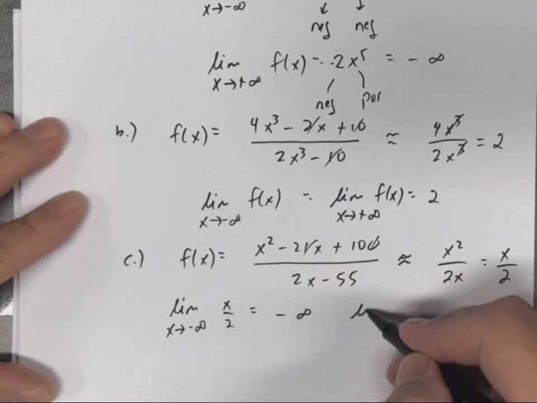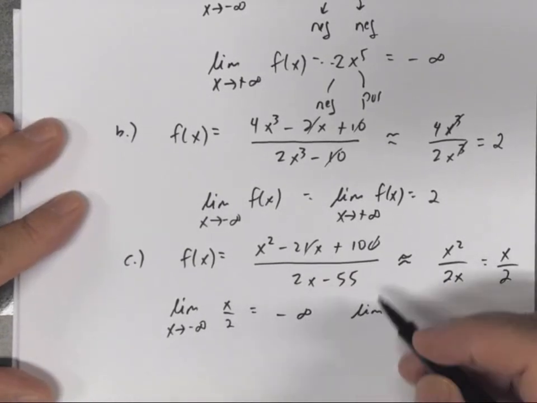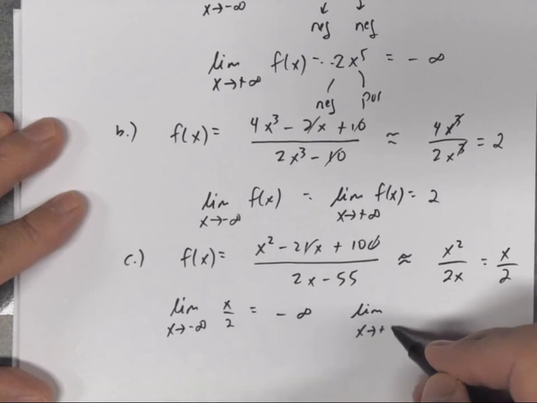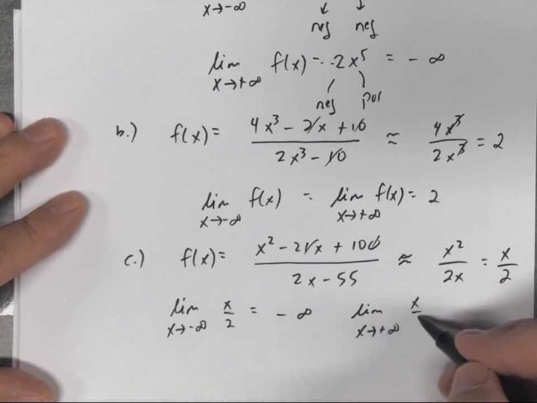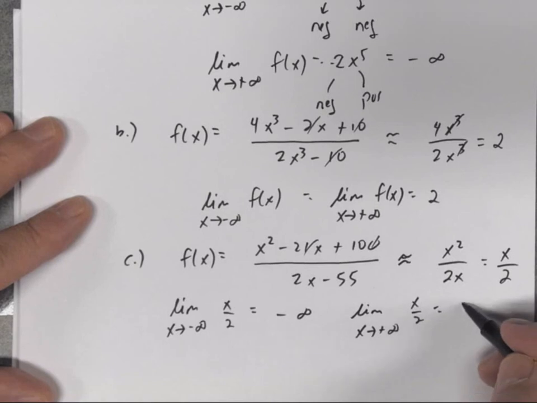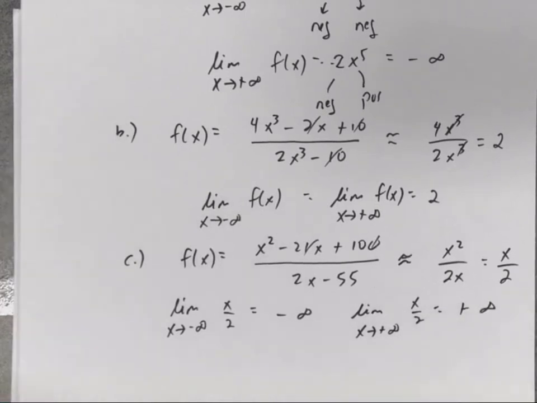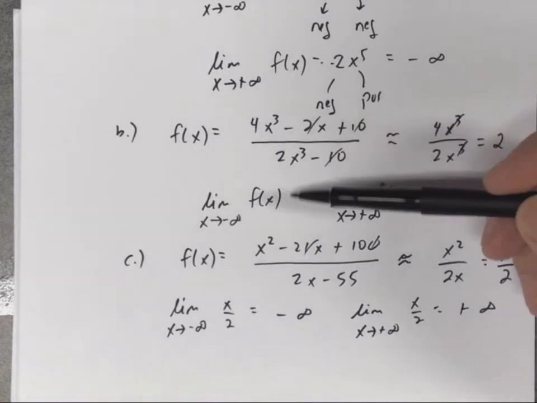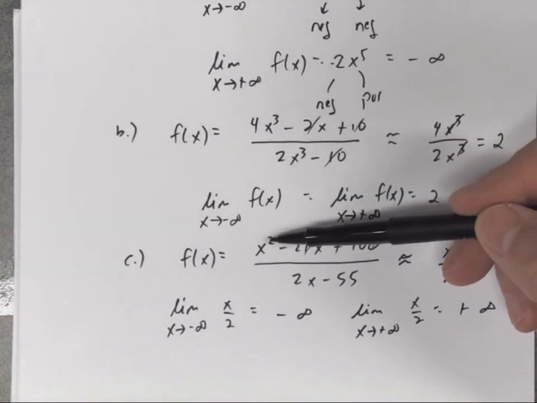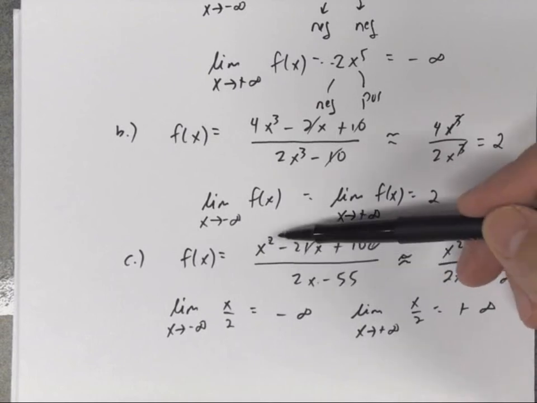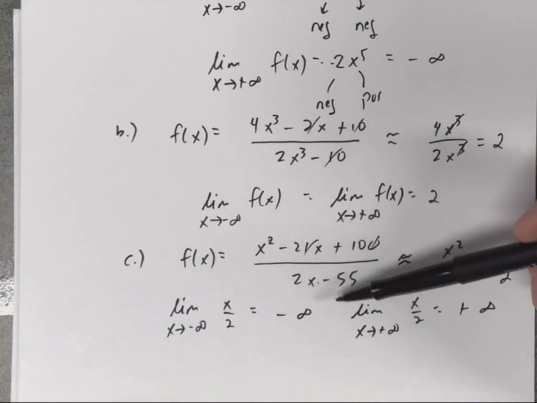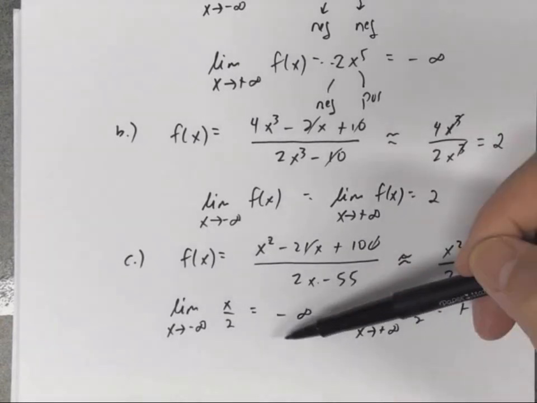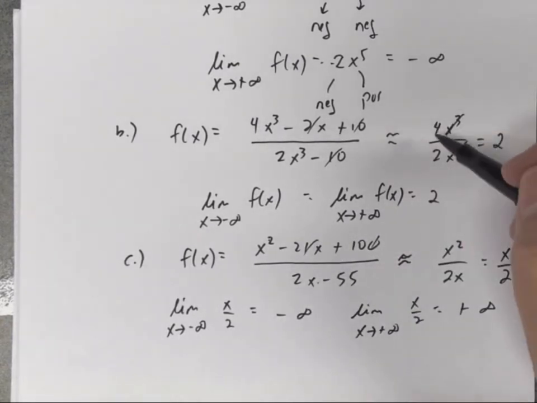And the limit as x approaches positive infinity of x over 2 is positive infinity. And that's the case where, if we look back at the initial function, if the exponent in the top is larger than the exponent in the bottom of the leading terms, then you really have no limits, or you can say the limits are infinity.